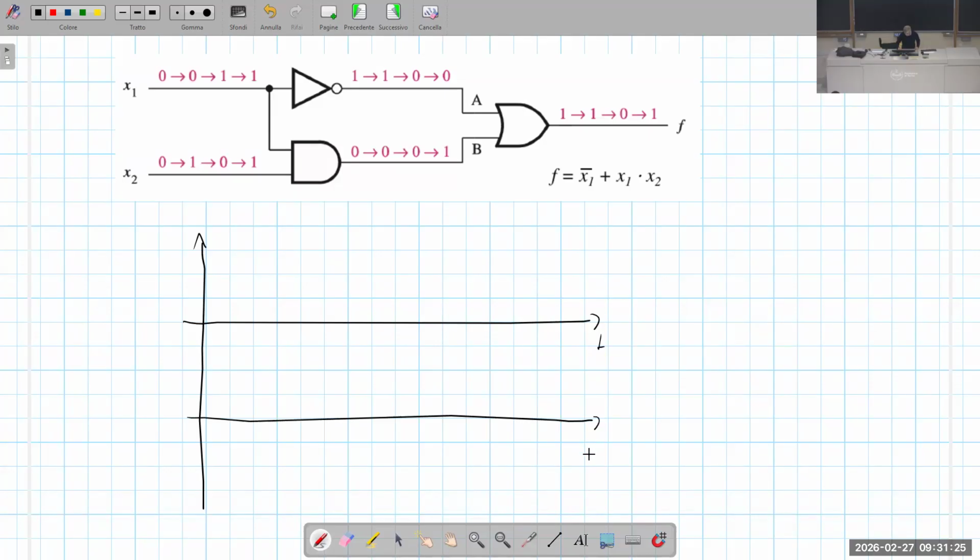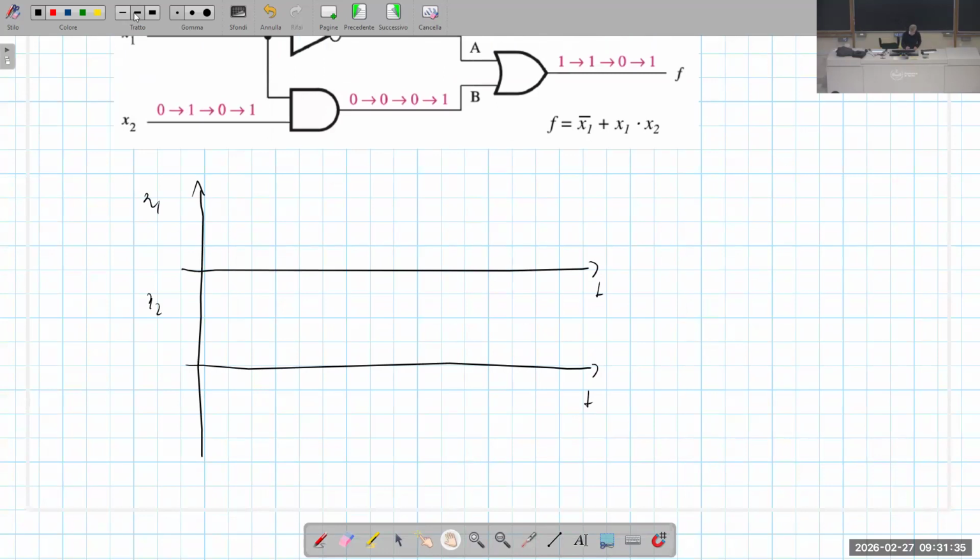We have to consider the input signals x1, x2, and we can retrieve the logical state of the output signal, here indicated as f, as a function of these input signals.